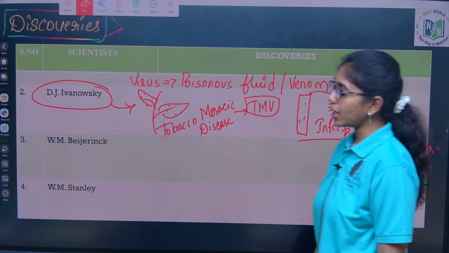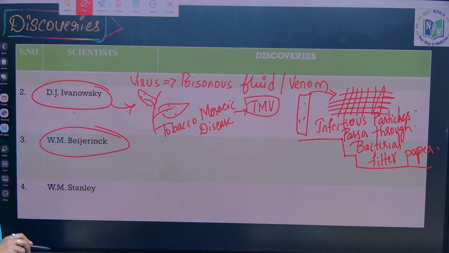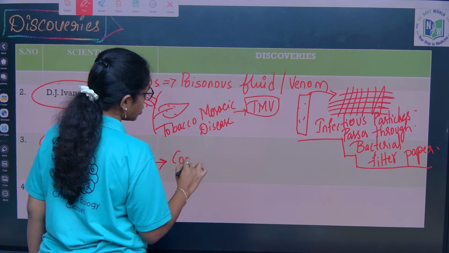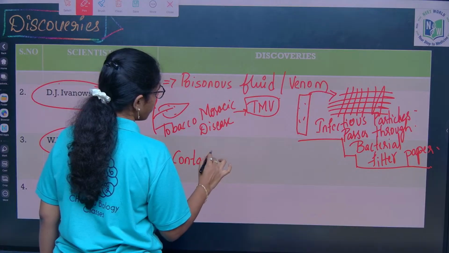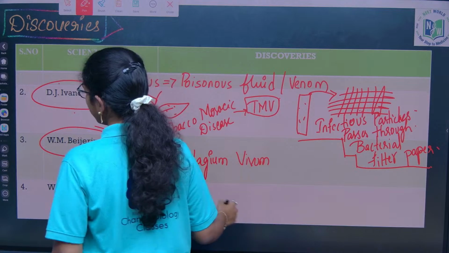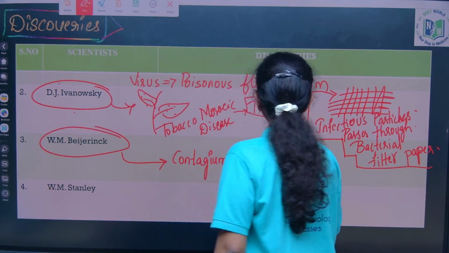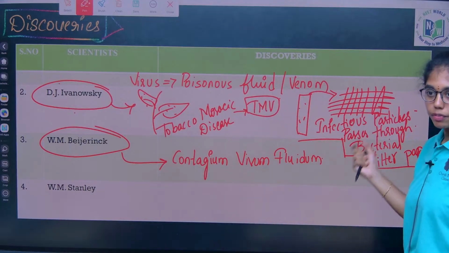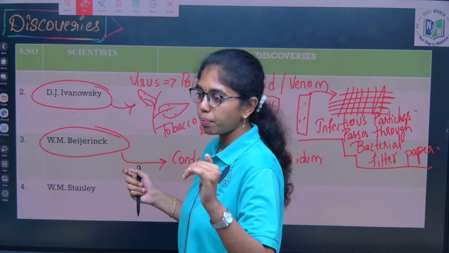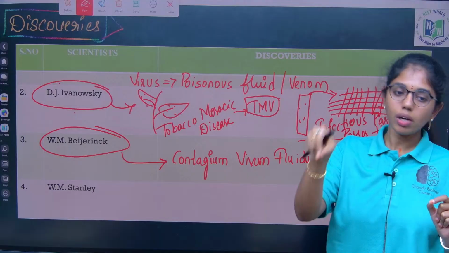Next it is W.M. Beijerinck, who gave the concept called contagium vivum fluidum, which means the infectious fluid from an infected plant, when transferred to a healthy plant, carries forward the infection from the infected plant to the healthy plant.